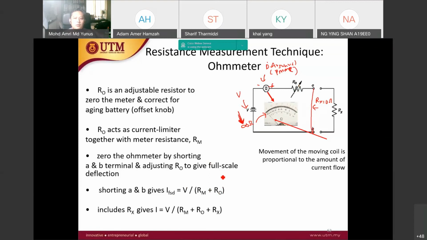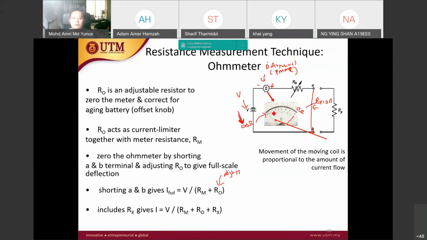So when it deflects, we adjust so that the needle shows 0 ohm here, which is equivalent to the resistance when we short circuit. Remember that when you short circuit, Rx is equivalent to 0.